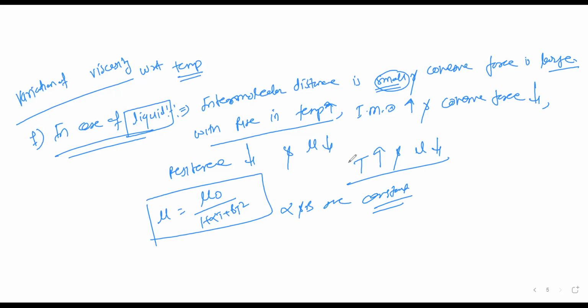Similarly, in the gaseous case, because in liquids T is inversely proportional to mu, but in gases the cohesive force is negligible because the intermolecular distance is very, very large. So if you increase the temperature, molecular disturbance increases, because the molecules gain energy and their randomness increases.